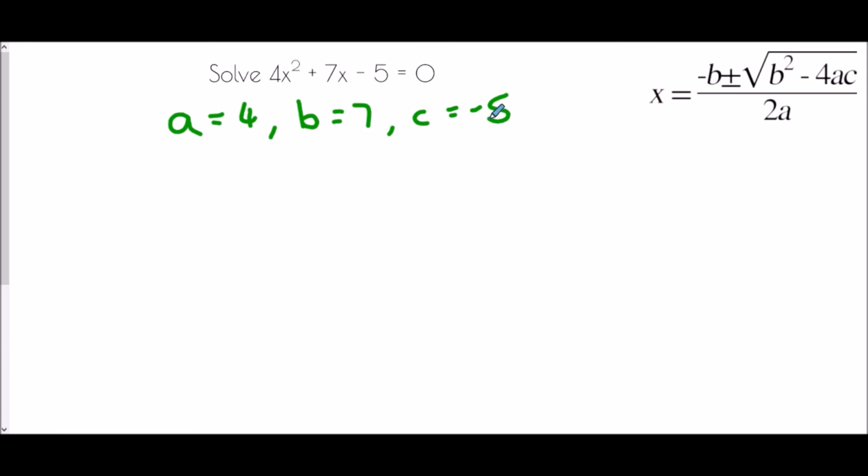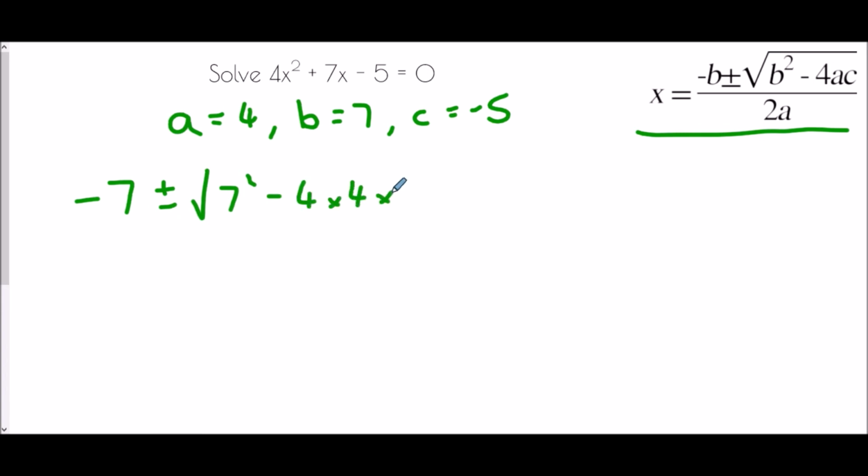And so all I'm going to do is, once again, put each of those values into the formula. And so I'll have negative B, so that's -7 plus or minus the square root of 7 squared, take away 4 times A, which is 4, times C, which is -5.